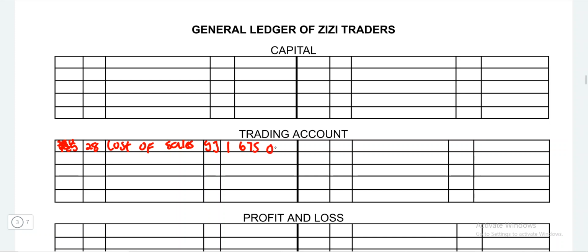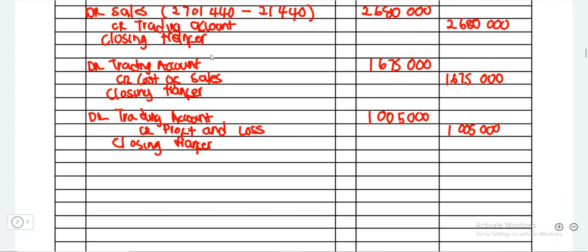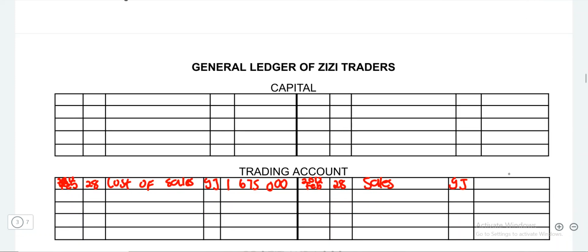Okay, and remember after that we said that on the credit side we are going to have our sales. So we would say 2012 February the 28th, then we would have our net sales here, and this is from the general journal. You take the one that we closed the tax allowance to, which means the final net sales, which is 2,680,000. Then that 2,680,000 will come this side.